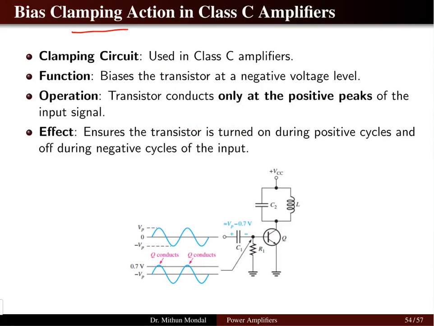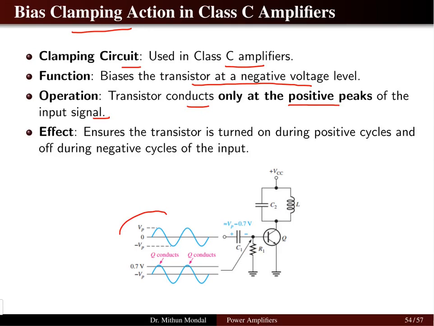So there is a clamping action in class C amplifier. The clamping circuit which is used in class C amplifier will bias the transistor at a negative voltage level. So the transistor will conduct only at the positive peak of the input cycle.